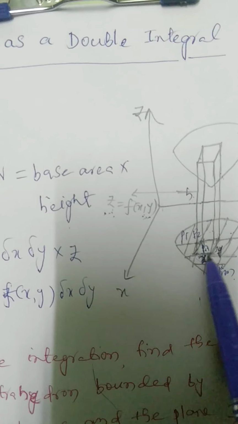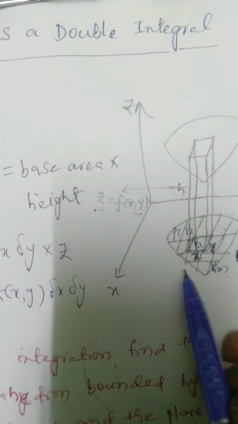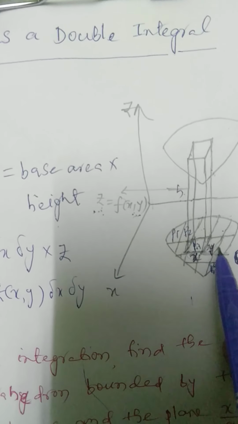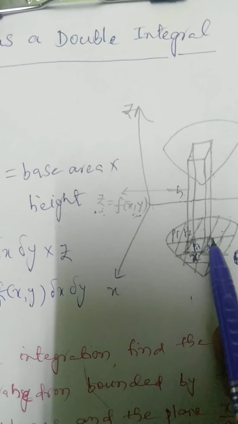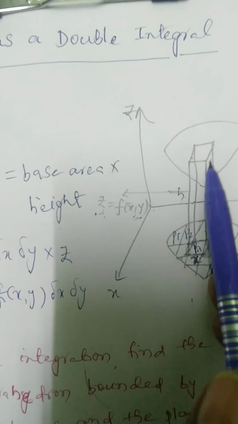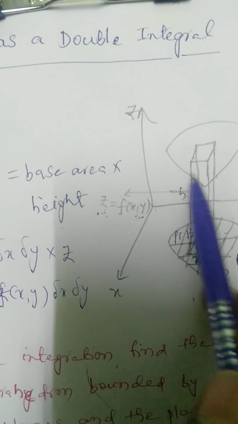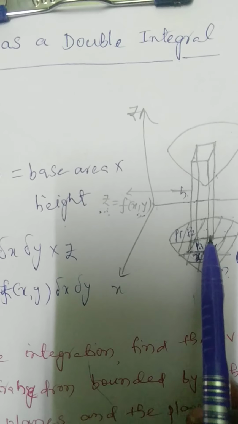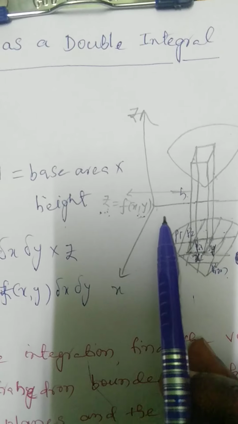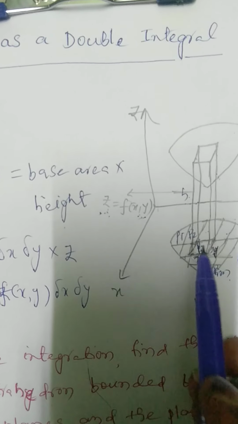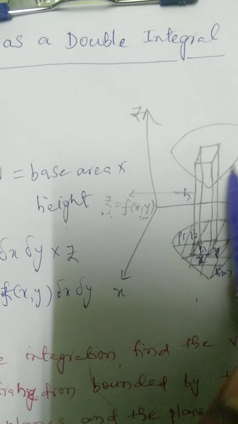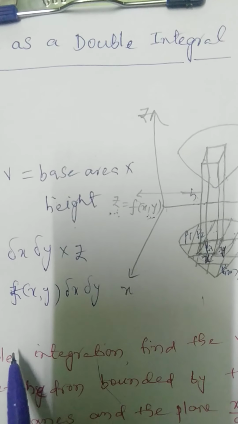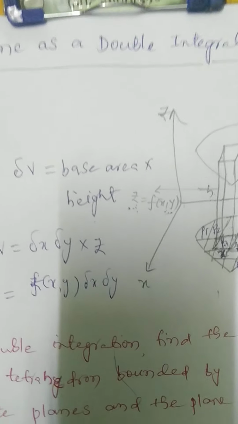This is the volume of one elementary rectangular parallelepiped, because we are using only one rectangular base. Like that, we can use one more rectangular base, again one more rectangular base. So by using these rectangular bases, we can construct an infinite number of rectangular parallelepipeds, and we can find the volume of every one. If I add all the volumes of the rectangular parallelepipeds, I'll get the total volume of this solid, the three-dimensional figure.